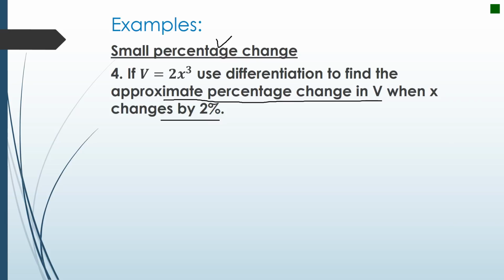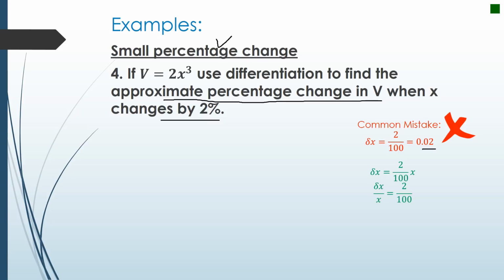Before we proceed, I would like to point out one common mistake often made by students. Students tend to write delta x equals 2%, which is 0.02. But this is not the correct way to write it, because x changes by 2% does not mean that delta x is actually 0.02 units.